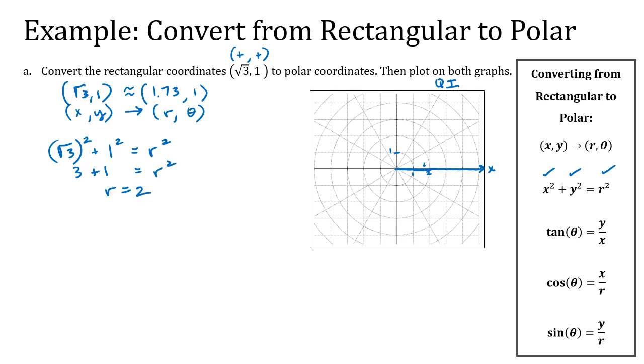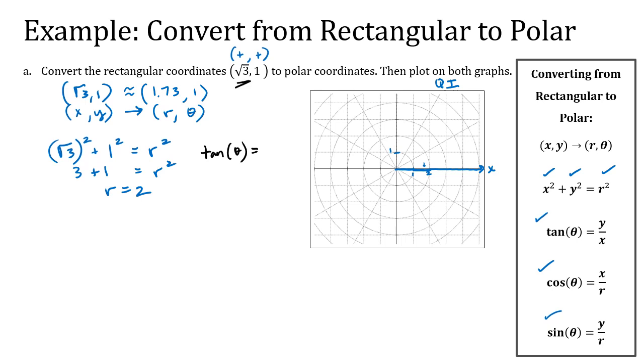All right. Now, knowing that my r value is 2, I can either use the tangent of theta or the cosine of theta or the sine of theta to come up with the actual value for theta. Let me show you what I mean by that. Most books are going to tell you to use tangent. And the reason why they say to use tangent is because you have been given the x and the y, right?